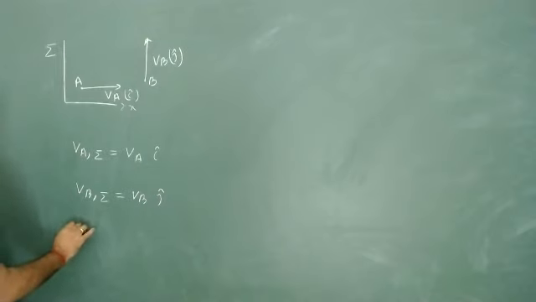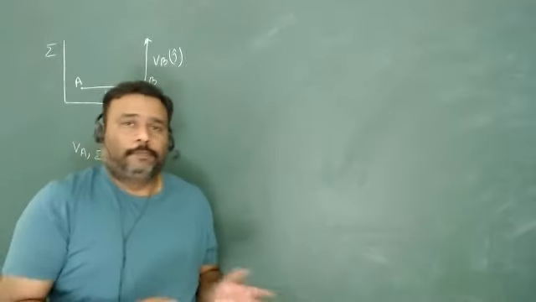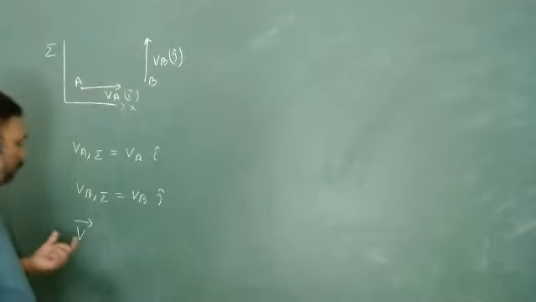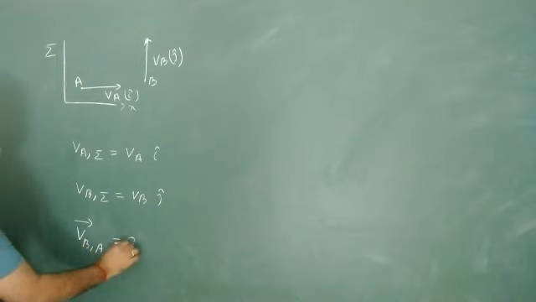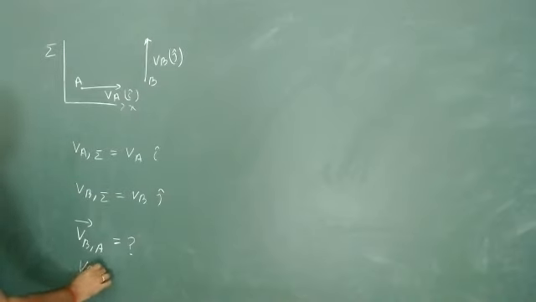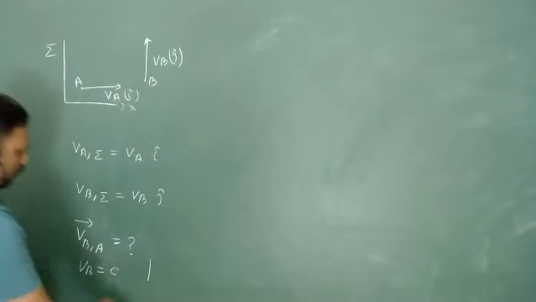And what we have to do is calculate the velocity. This is a vector quantity, which I am writing now because we have both I and J. So vector is very important. So what is the vector velocity of B with respect to A? And we have to analyze when VB is equal to C. When VB is equal to C, what is going to happen?